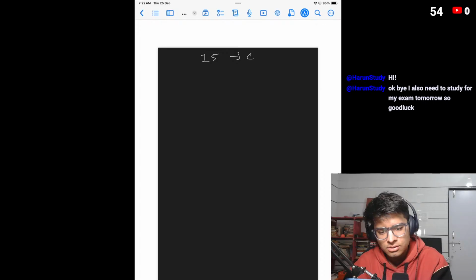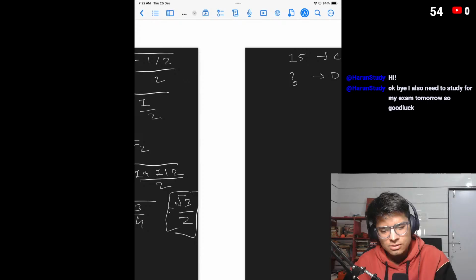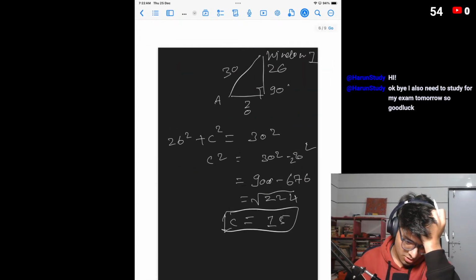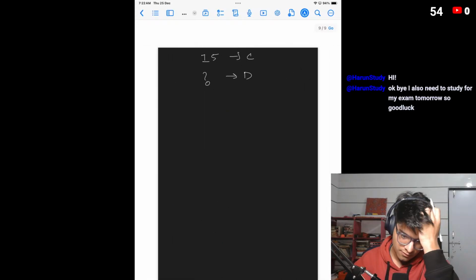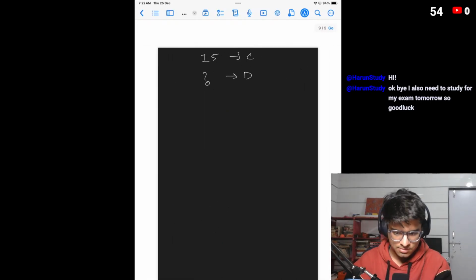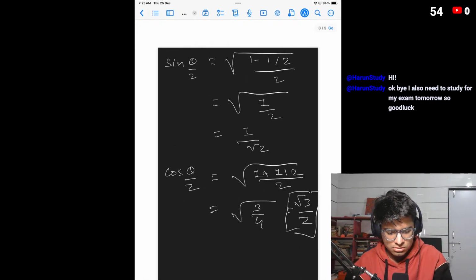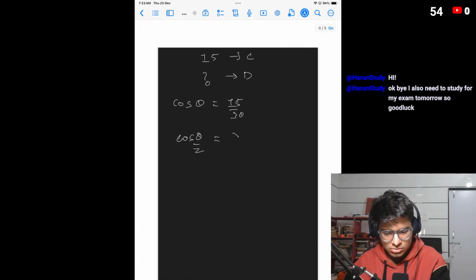We need to find the distance of D. If I say cos theta was 15 by 30, cos theta by 2 was root 3 by 2.